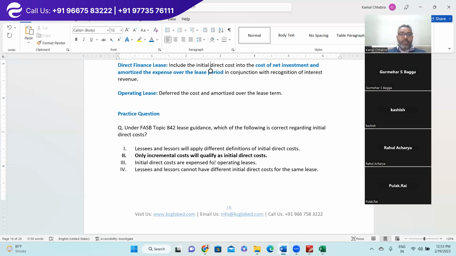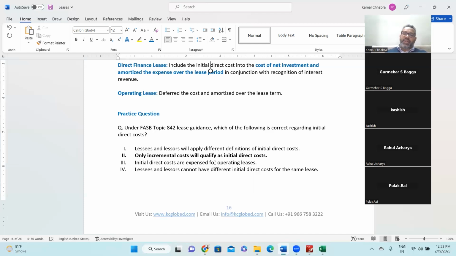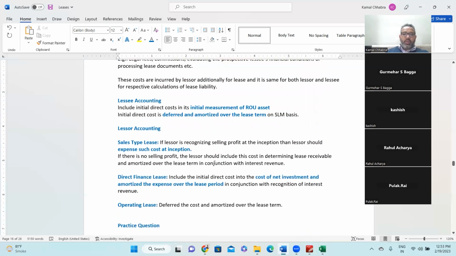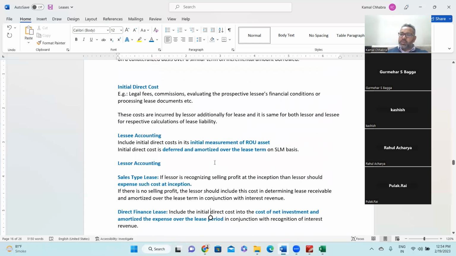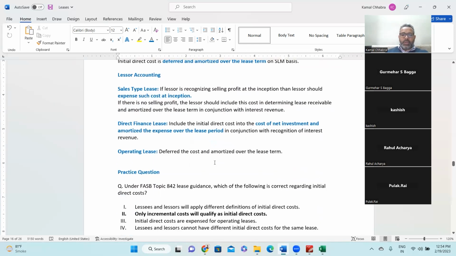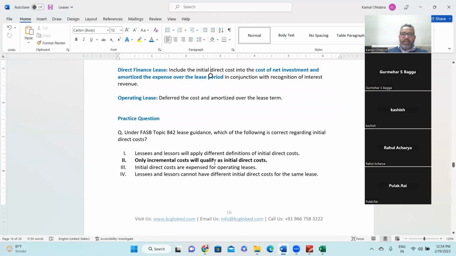First option, lessee and lessors will apply different definitions for initial direct cost. Do they calculate differently? Answer is no, right? So initial direct cost is the same for both of them. Second option, only incremental cost will qualify for the initial direct cost.